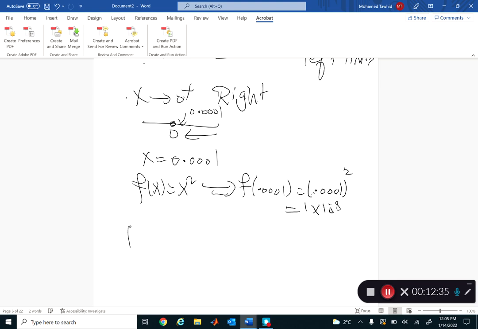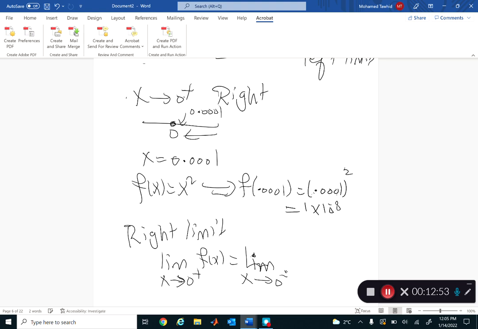So the right limit, guys, just write it: the limit as x goes to 0 from the right of x squared. Here lim stands for the limit. You get almost 0, but it does not equal 0, but close to 0.